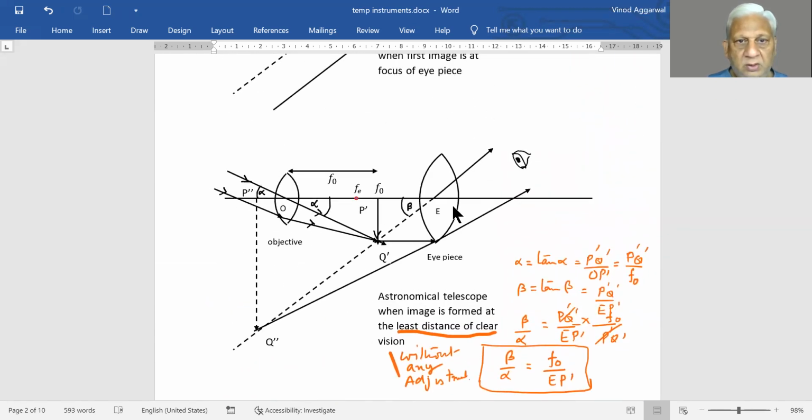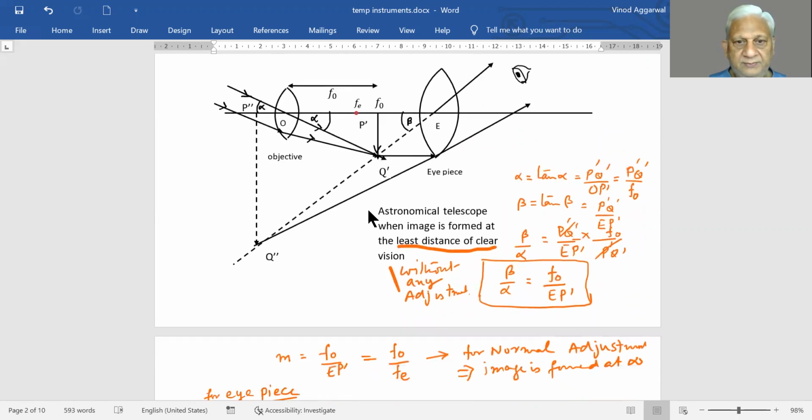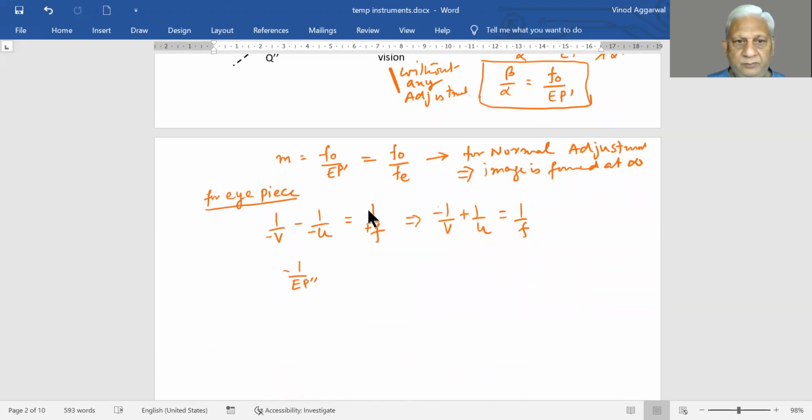For the eyepiece, U is this much distance, which is E P dash. This is P dash, this is E. So it is E P dash. And what is the focal length of the eyepiece? Fe.